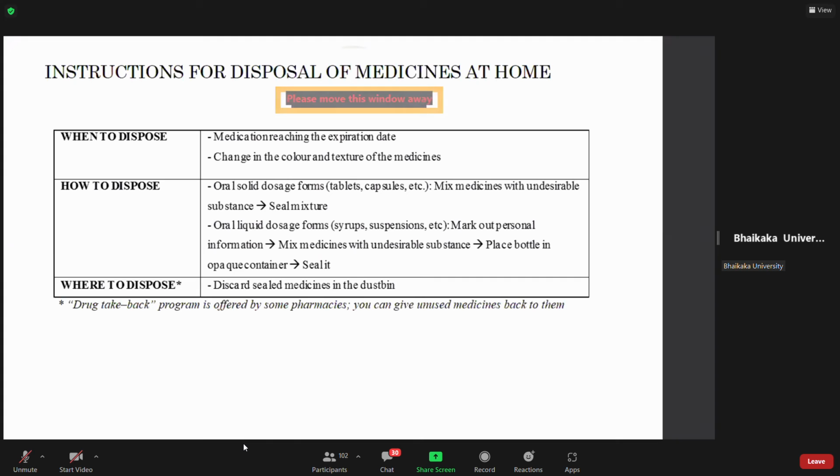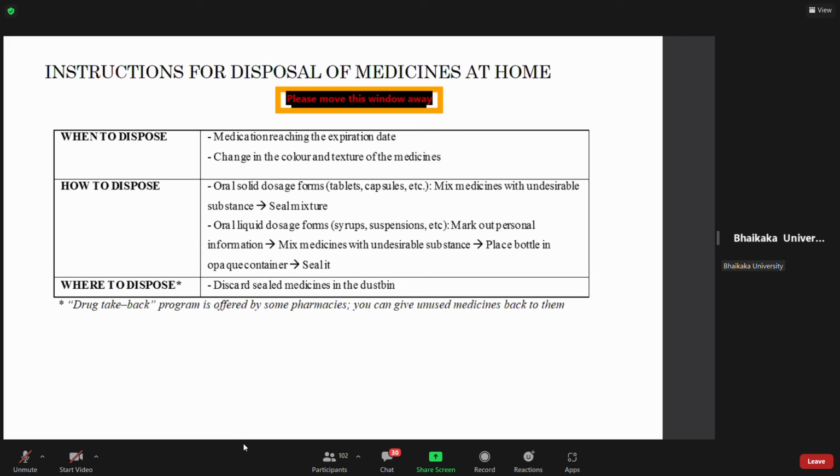Certain instructions regarding the disposal of the medicines. When you have to dispose the medicine, usually we check the expiry date of the medicine. So when the medication is reaching the expiry date. Second, any change in the color or the texture of the medicine.